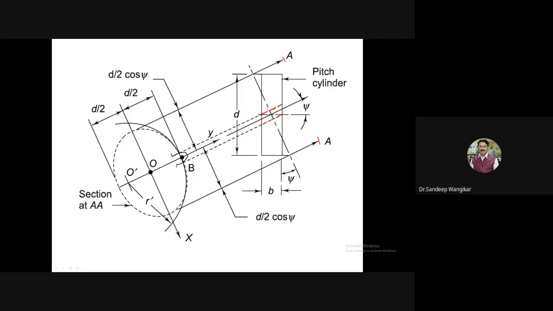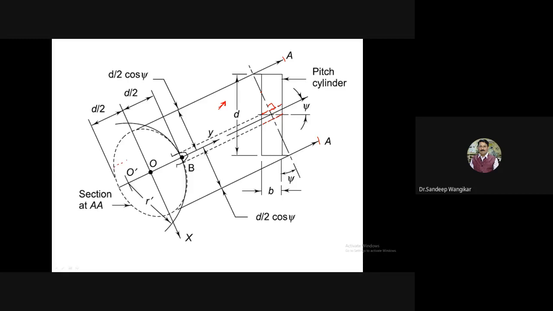Now, perpendicular. This is the AA line, and the AA line is perpendicular. I can show you this is the right angle. Now, how will it look if viewed from this side? Extended profile means what? Up to this point you will get exactly the same diameter.